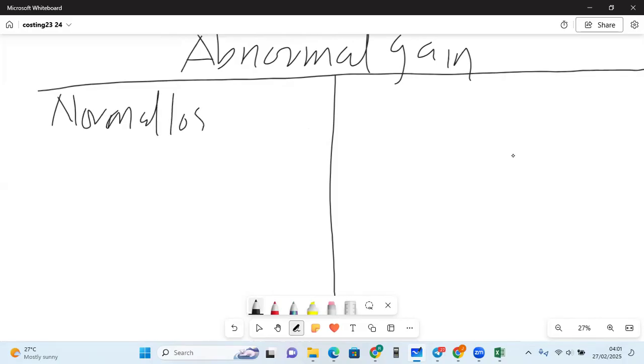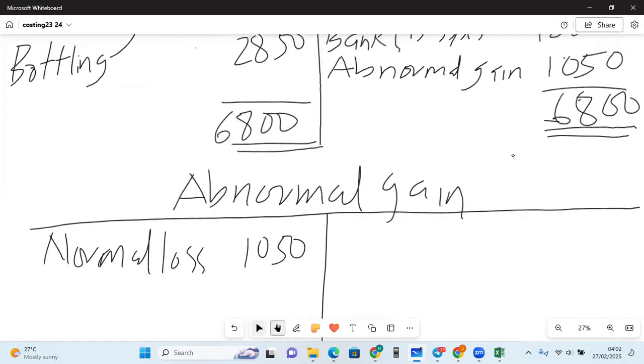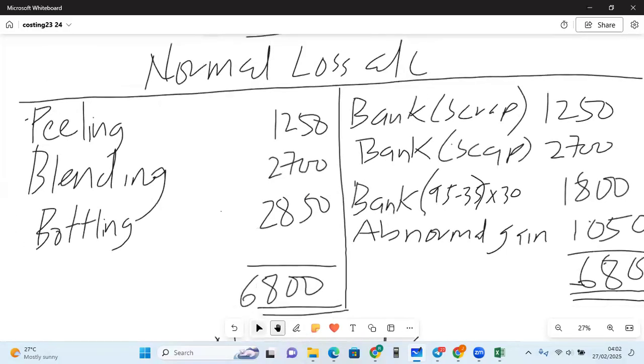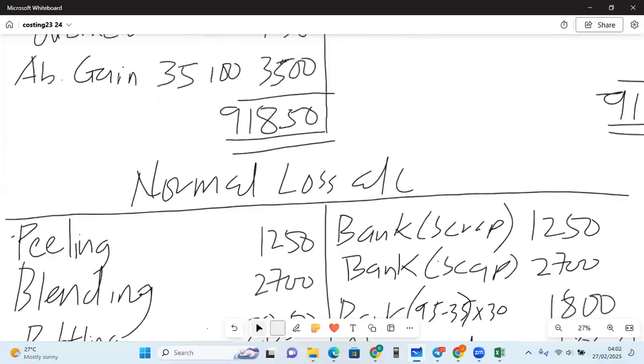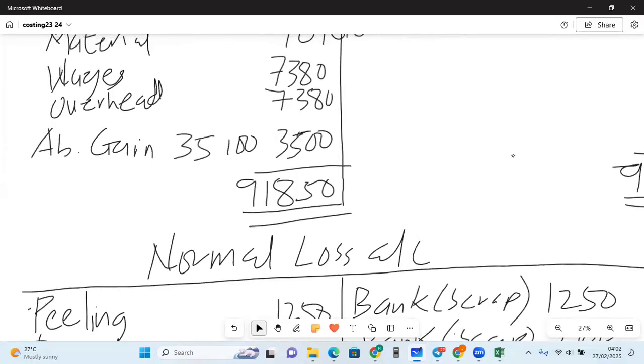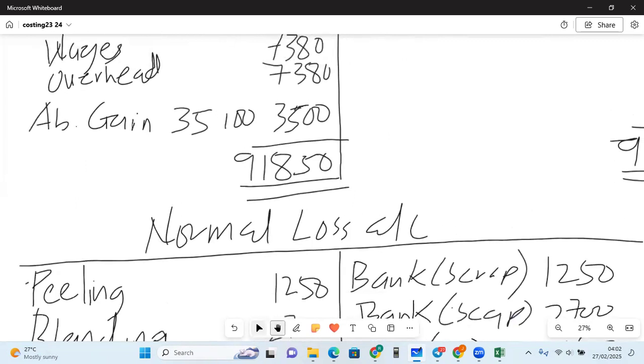What we had in there, we had 1050, right? And then now we bring what we had in bottling. The abnormal loss we had in bottling is 3500. Right, this is it.